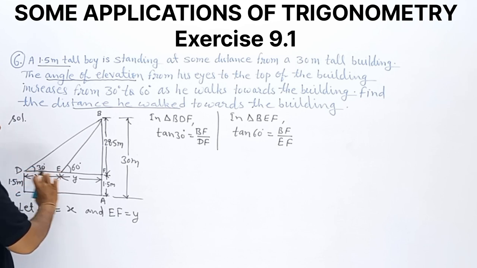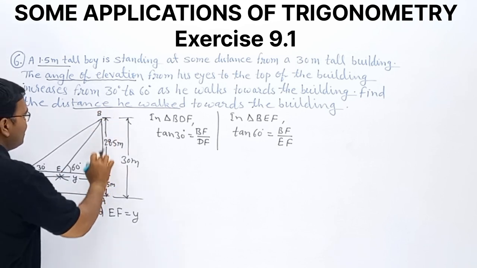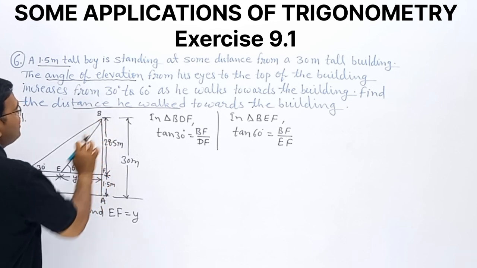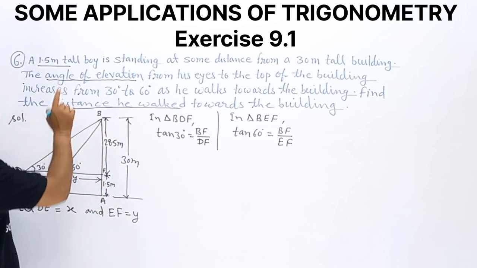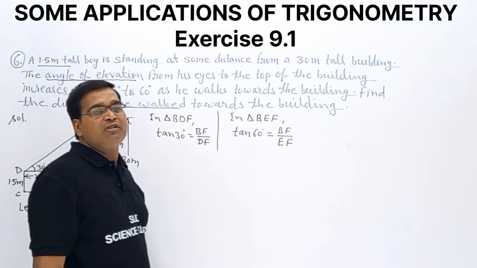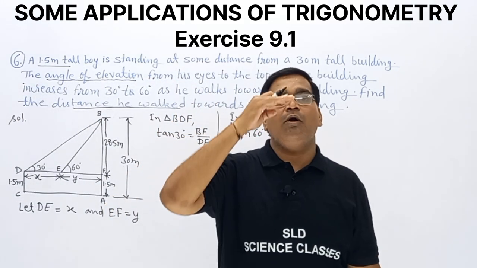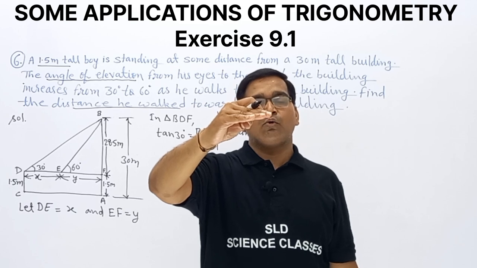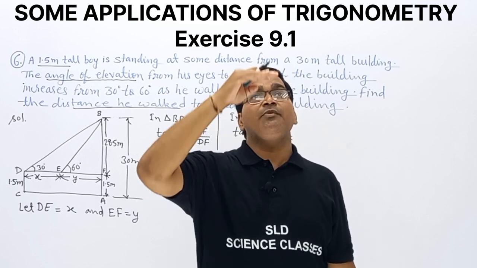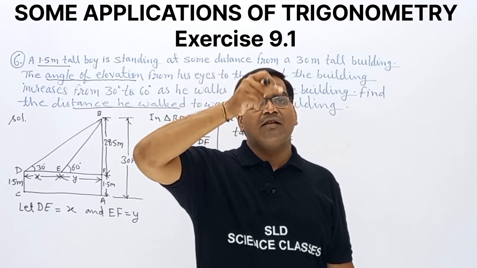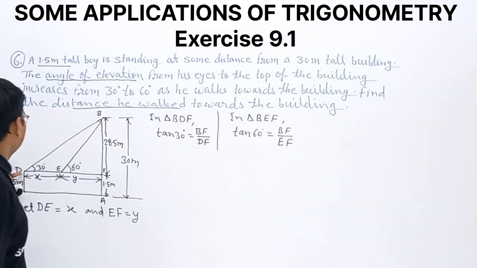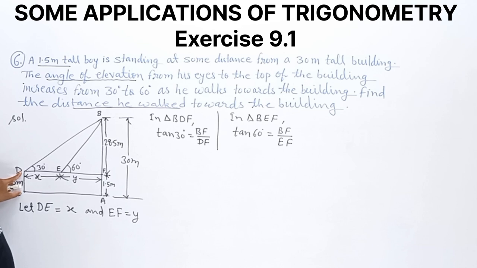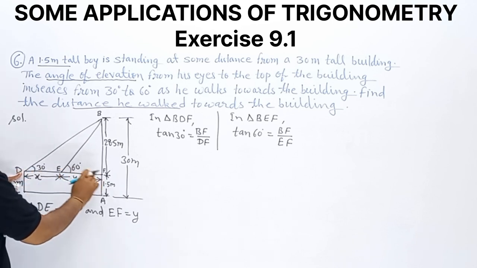It means we want this distance, and how we will find? Once we reduce this one, then we are getting this B to F distance we require. Why? Because we are having angle of elevation, or angle of elevation how we will find? At the position of eyes level. Once we observing top position, then making angle, that is angle of elevation. Clear? So no use of this height of the boy. We require this level, no use of this level.